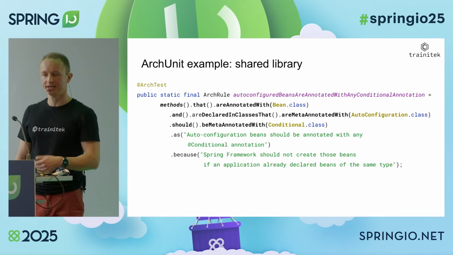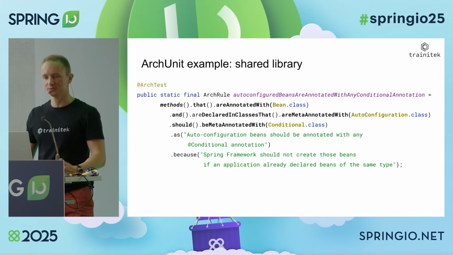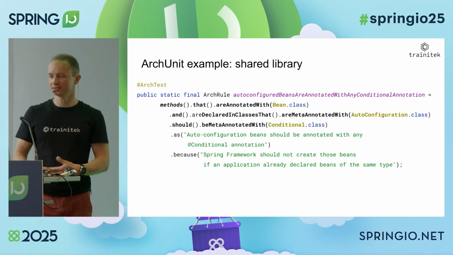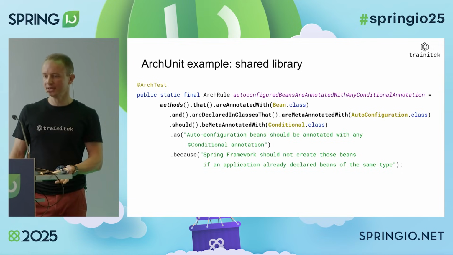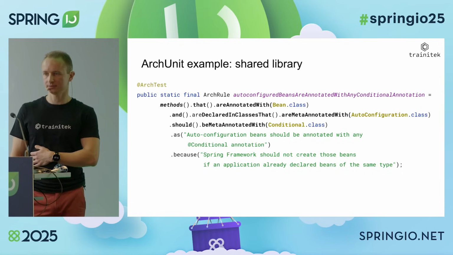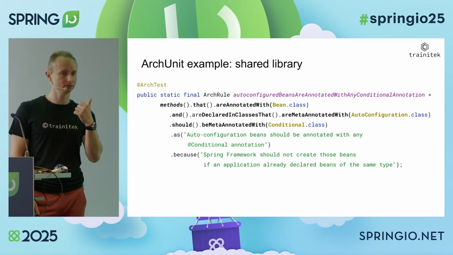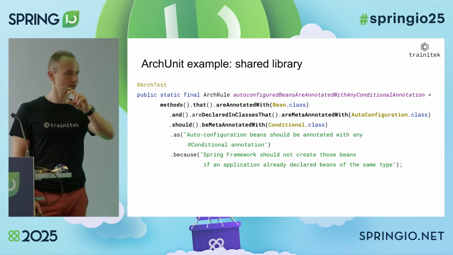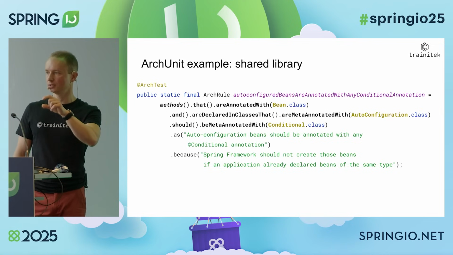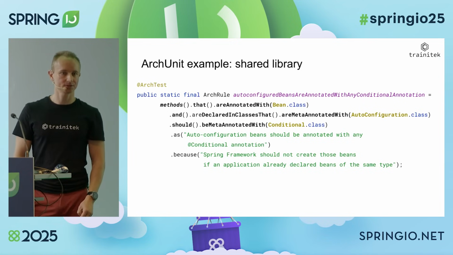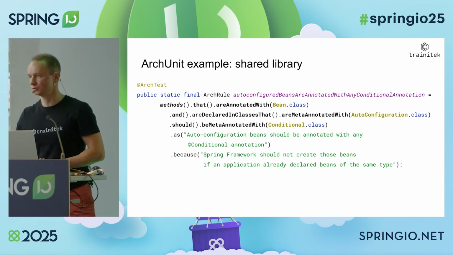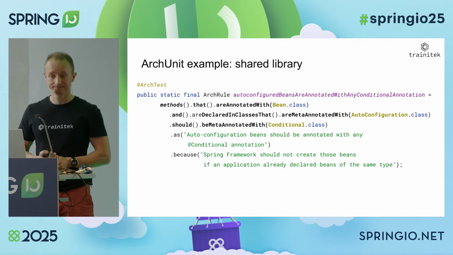In this case, methods that are annotated with Bean and declared in classes annotated with AutoConfiguration should be meta-annotated with ConditionalOnClass. As I mentioned, we should have conditional on class on all the beans in auto configurations. We didn't want to check it manually when reviewing PRs. So instead, this tool can automatically run.